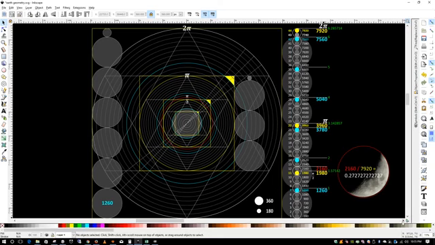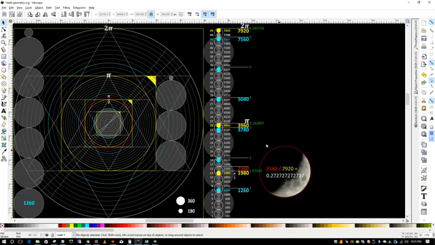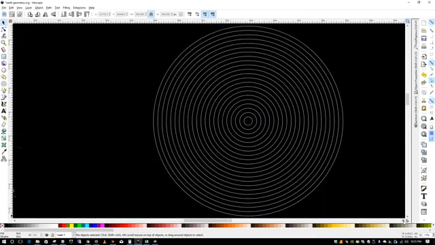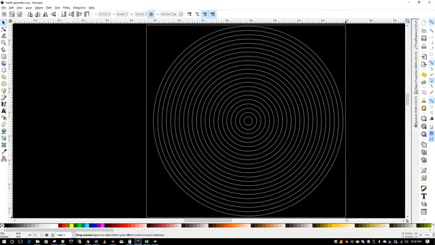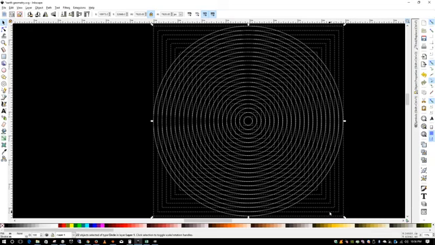So if we take these 22 rings, and if we want to get the pi increments of 180, then what we have to do is take all of these guys and scrunch them by 50%. And what this will do is place rings halfway through. It'll place rings in between these other rings, which is important because it's what gives us the increments that are 44. It gives us our 180 pi increments.